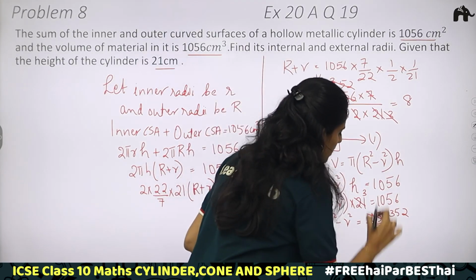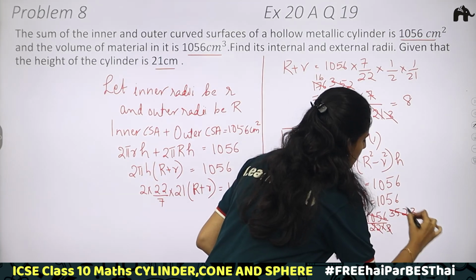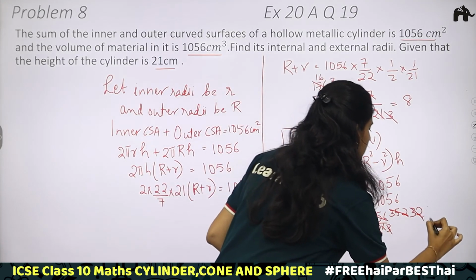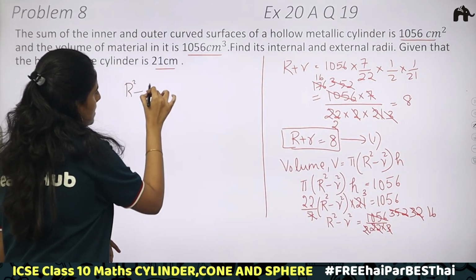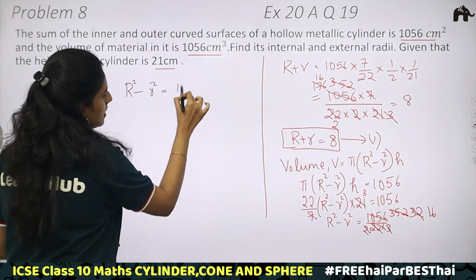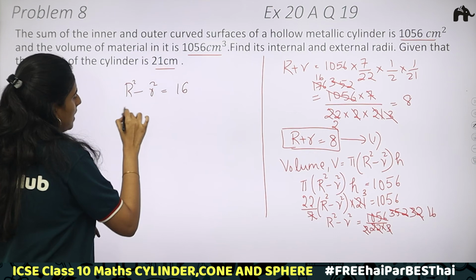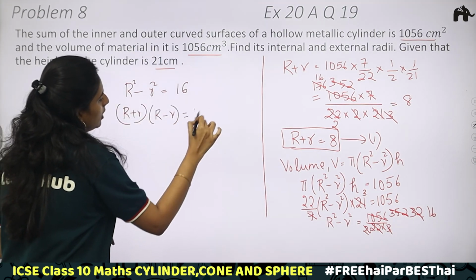Here 22, 22 is 11 into 2. 352 is 32 into 11. Again cancelling. We get 16. We have capital R square minus small r square is equal to 16. A square minus B square form. It can be written as R plus r into R minus r equal to 16.